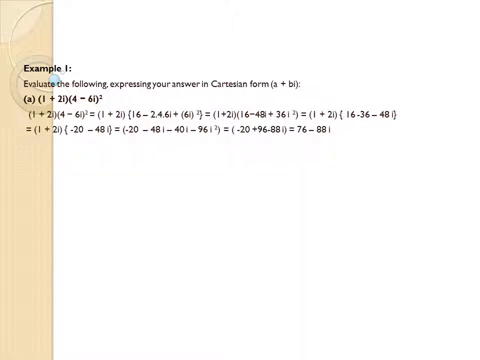So again we can further simplify. (1 plus 2i) into (16 minus 36 equal to minus 20), so minus 20 minus 48i.